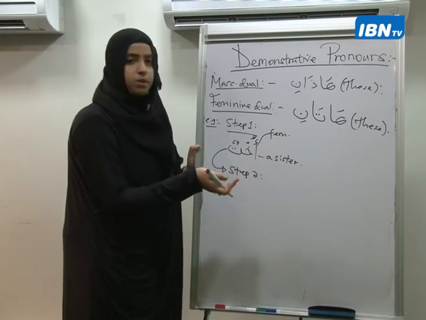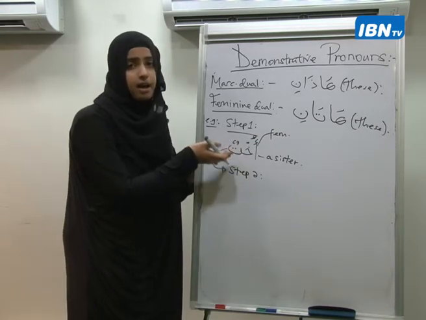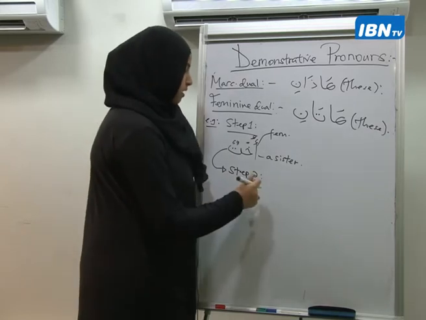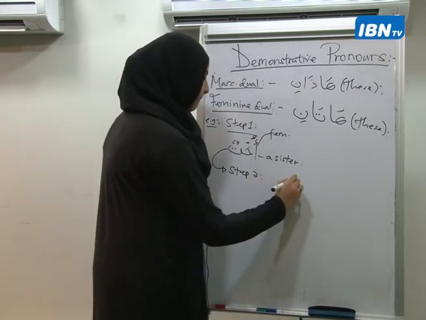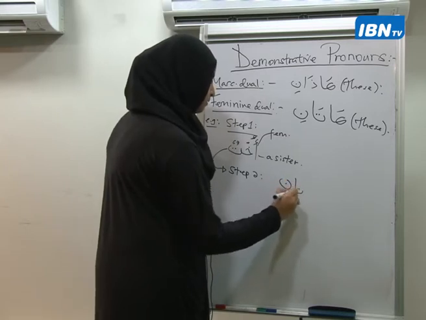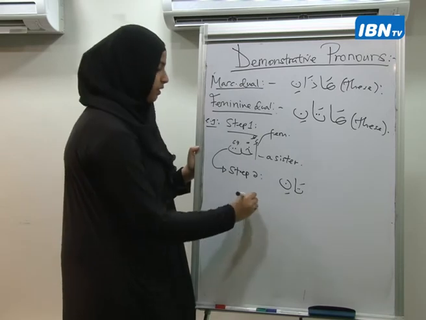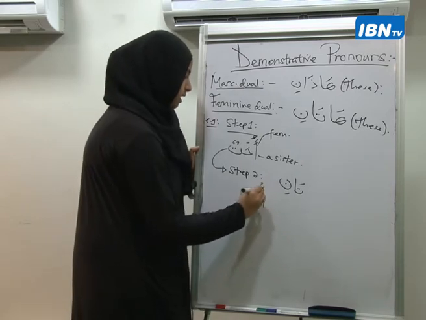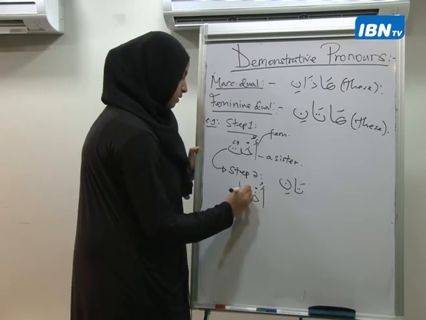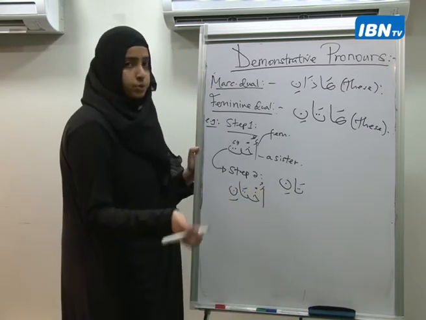But here we notice that the open ta is already there, so it's just going to remain the same. I'm just going to add a noon. So it will be ukhtani, which means two sisters.